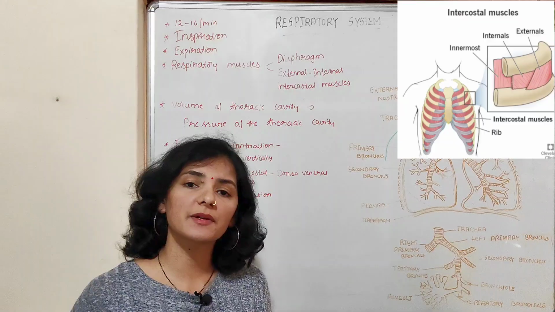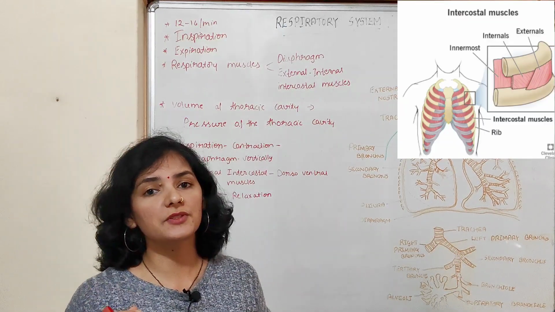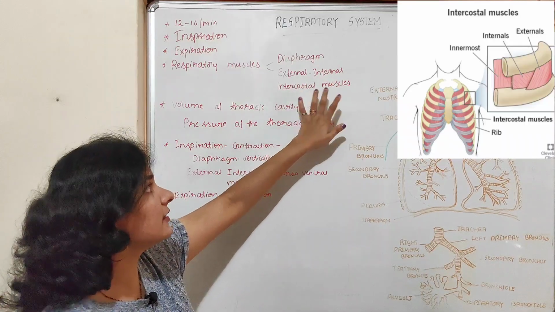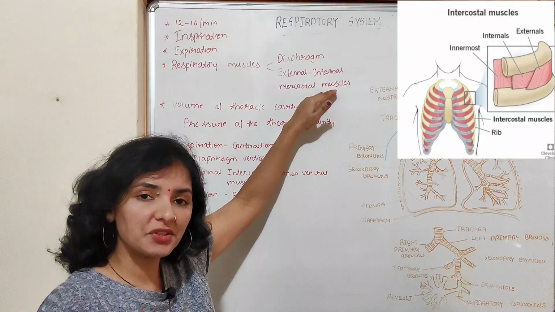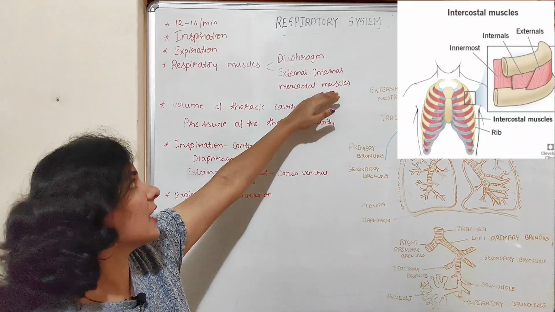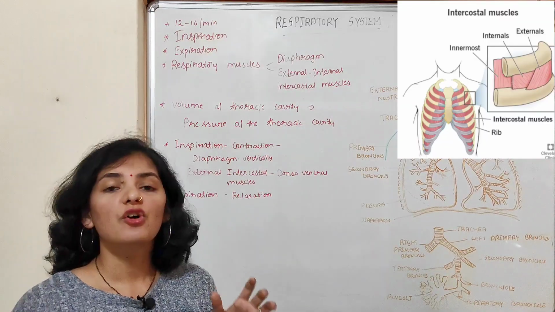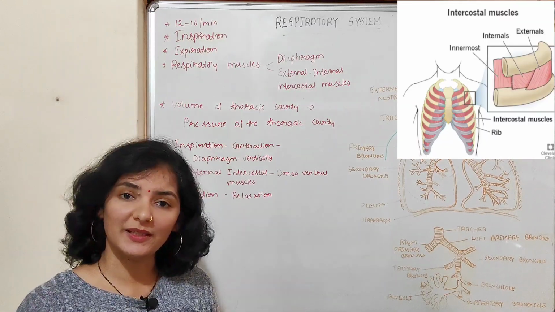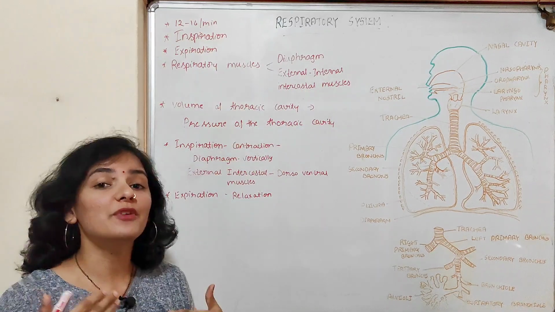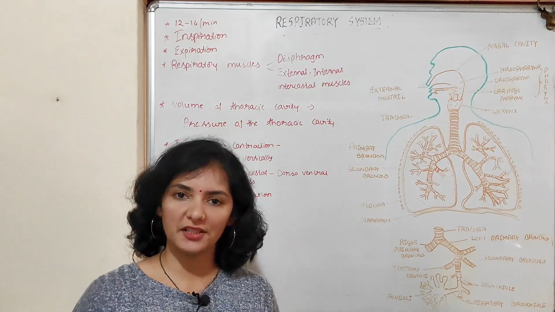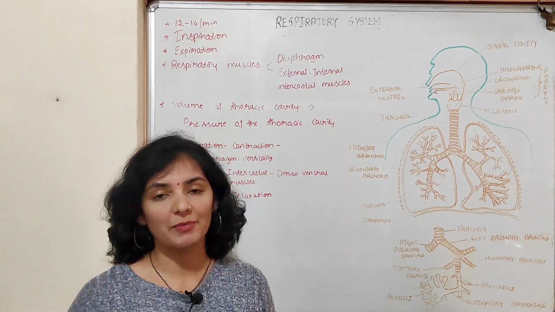You know that ribs are present on the lateral side of the lungs, and between these ribs, the external and internal intercostal muscles are extended. These muscles are stretched diagonally between the ribs. So these are the two sets of muscle known as respiratory muscles, which help in the creation of a pressure gradient between the atmosphere and the lungs, or the intrapulmonary pressure.